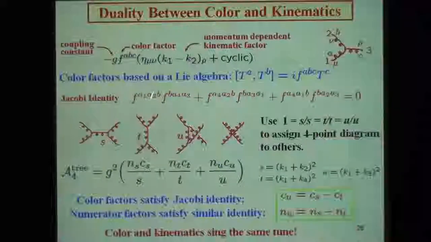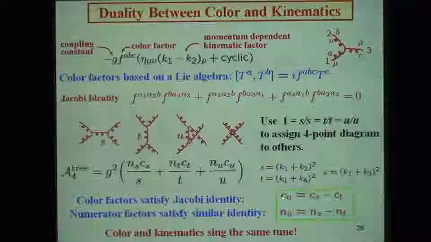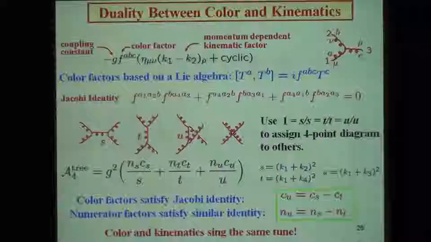It's just some anti-symmetry in there. But the idea is that these numerator factors that come from the kinematics have the same algebraic structure as the color. Okay, so that's pretty weird. Where'd that come from? Well, that I'm not going to discuss here. There's actually been a lot of work on that question.